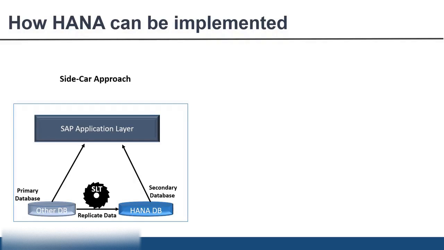So it is very important that your SAP team and your business get comfortable with HANA way, and that is why SAP says the sidecar approach is very useful. In this case you are using HANA database as a sidecar. Once your team gets comfortable with HANA way, you can completely migrate from any other database to HANA database.